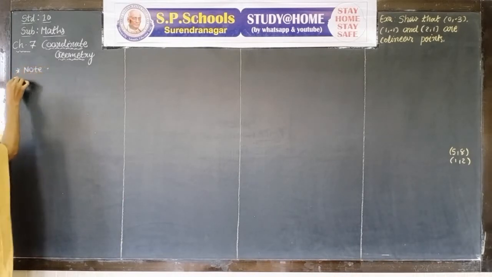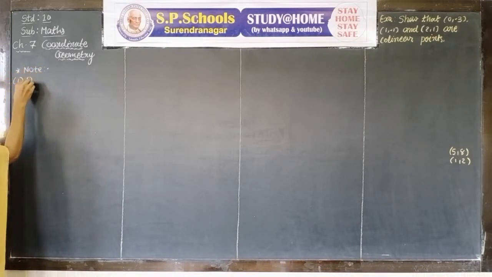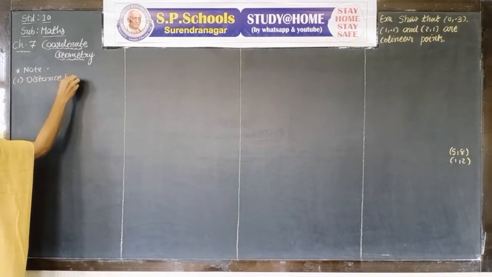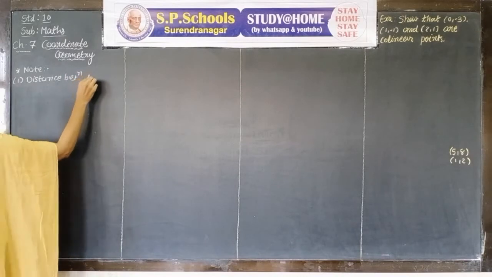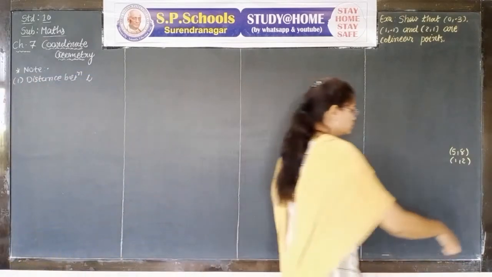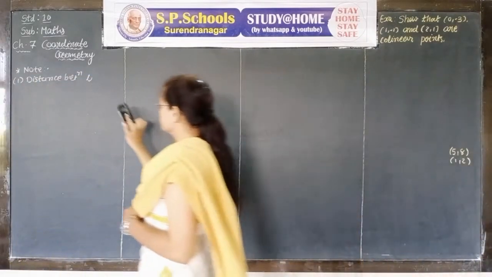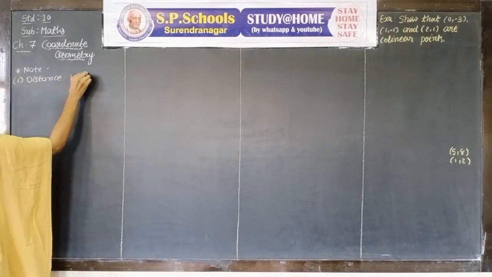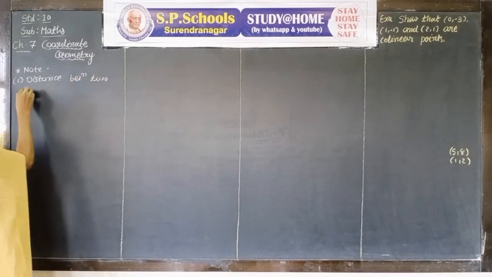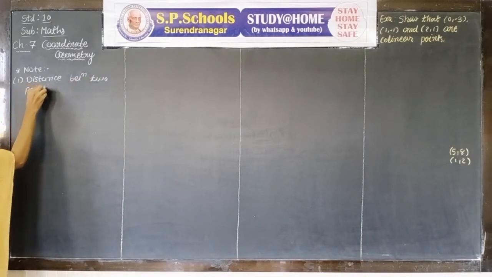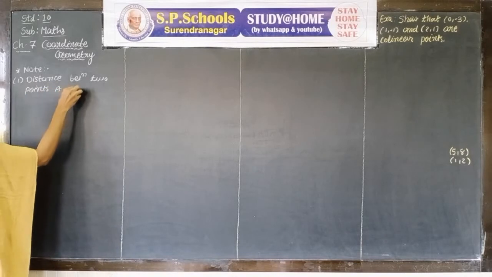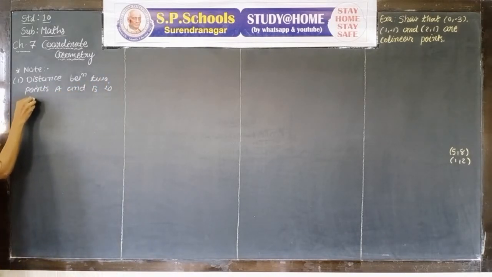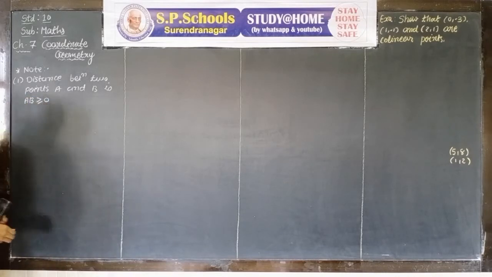Note, first: the distance between 2 points A and B, AB, is greater than or equal to 0.